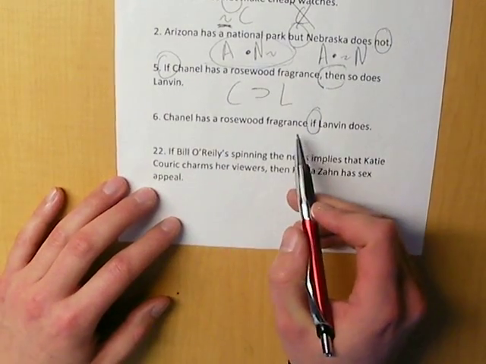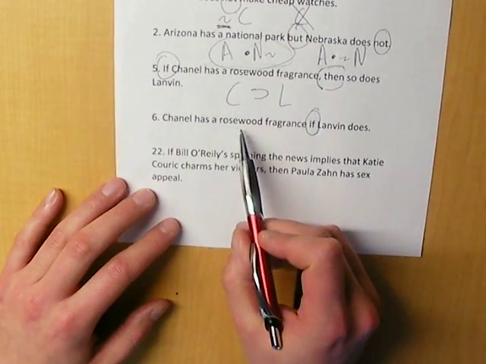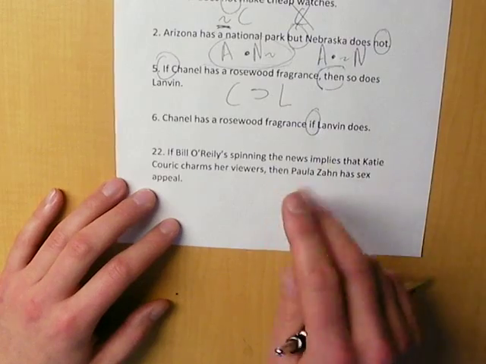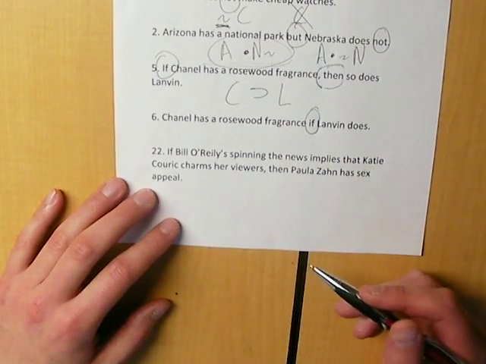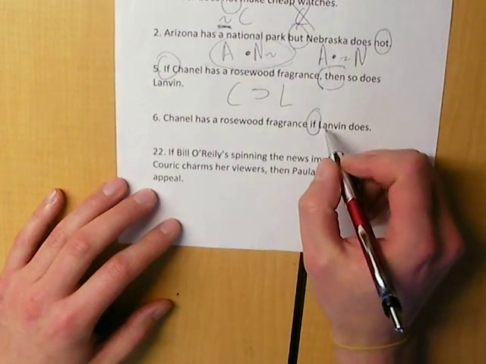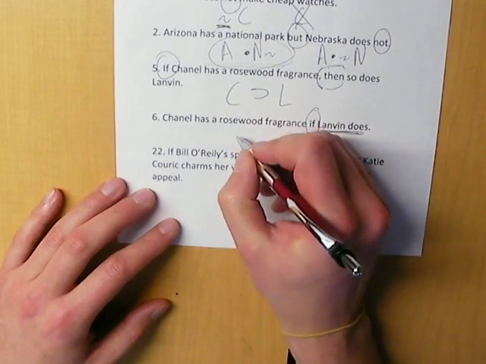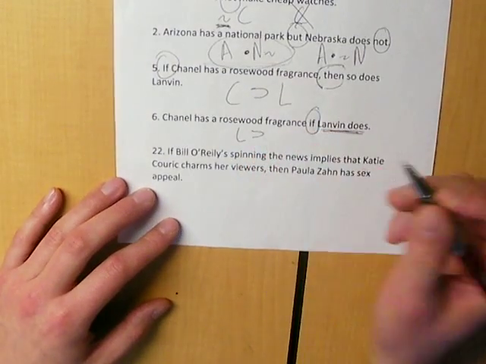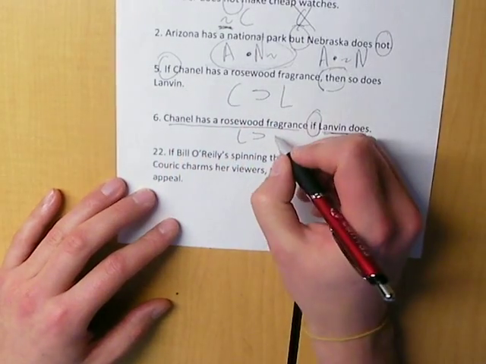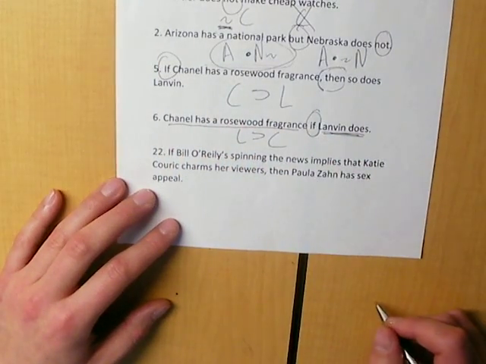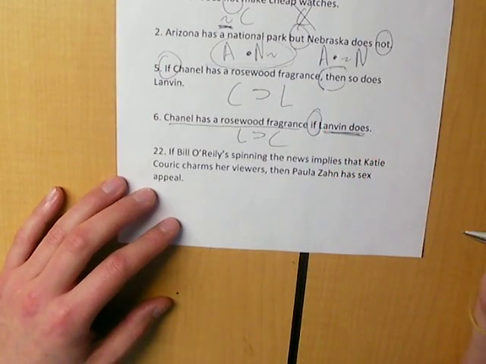If the language is if all by itself, not if-then, when symbolizing the statement, the antecedent and the consequent actually have to be reversed. So the consequent here becomes the antecedent. L for Lanvin, horseshoe, if is still the horseshoe, and now what was the antecedent becomes the consequent. So number 6 is L horseshoe C, whereas at number 5 it was C horseshoe L.